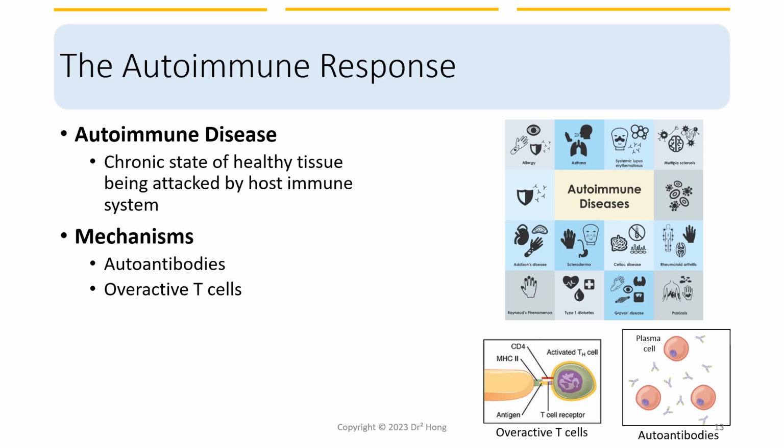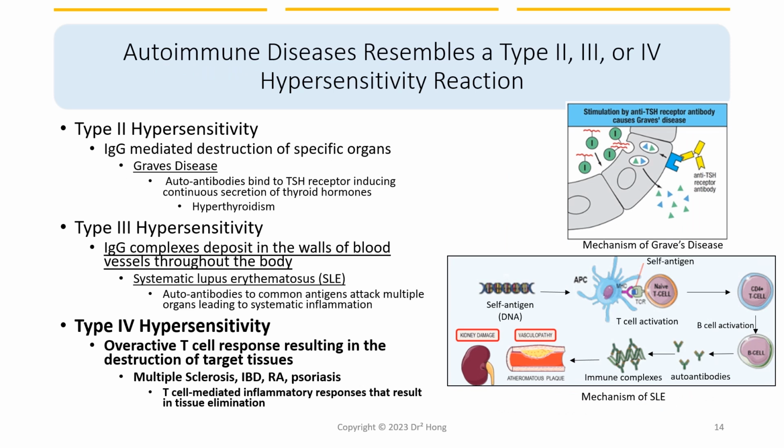Depending on the specific autoimmune disease, the self-attacking mechanism can be either by autoantibodies and/or overreactive T cells. It is very common that the effectors of autoimmunity duplicate hypersensitivity reactions, specifically type 2, 3, and 4 hypersensitivities. Now remember from our last lecture, type 2 and type 3 hypersensitivities are characterized by having IgG involvement. We observe similar phenomena in Graves' disease, in which self-reactive IgG binds to TSH receptors and causes the overproduction of thyroid hormone.